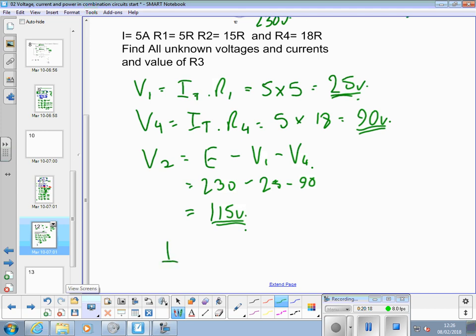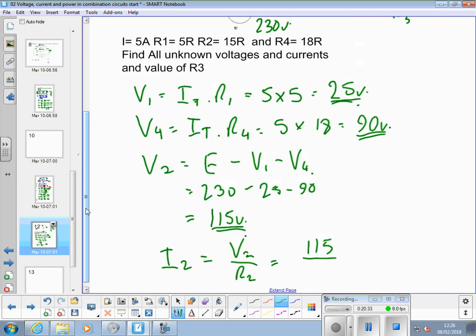So I2 is V2 over R2, it's 115 over 15... can't be. Oh, you can't.